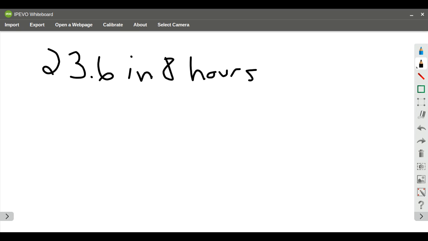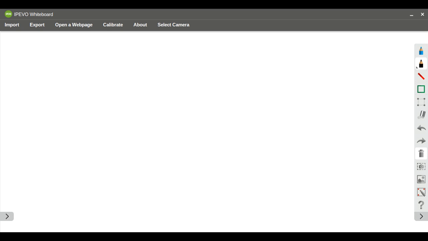If he hiked the same number of miles each hour, how many miles did he hike each hour? So 8 hours, same amount each time. So that tells me I'm going to divide. So I'm going to do 8, and I'm going to divide that into 23.6 miles.